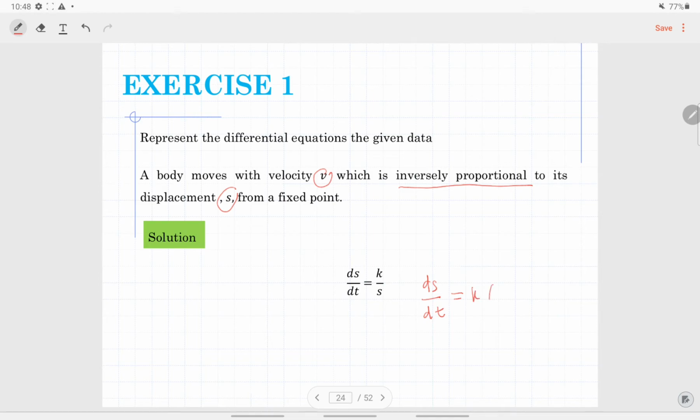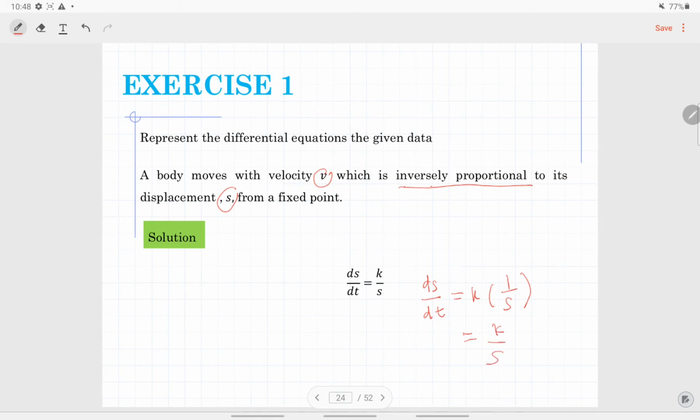So k times 1 over s, because it is inversely proportional, so we get k over s.